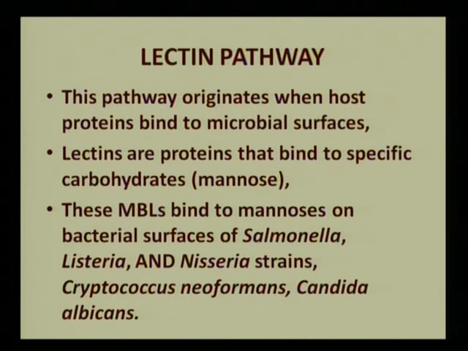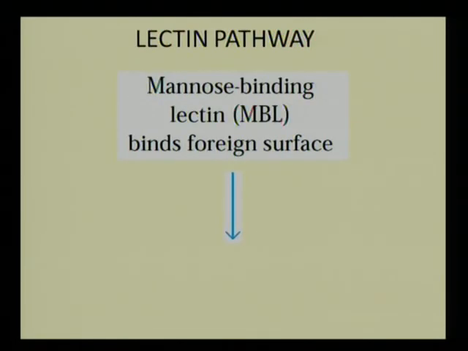This mannose is found on the surface of microorganisms, especially on the cell wall of microorganisms. These MBLs, that is mannose binding lectins, bind to mannose on bacterial surfaces of Salmonella, Listeria and Neisseria strains, along with Cryptococcus neoformans and Candida albicans. These are the other organisms where these molecules are found.